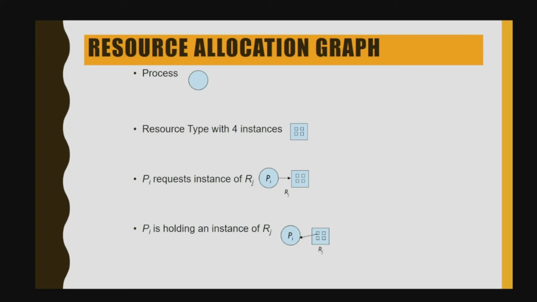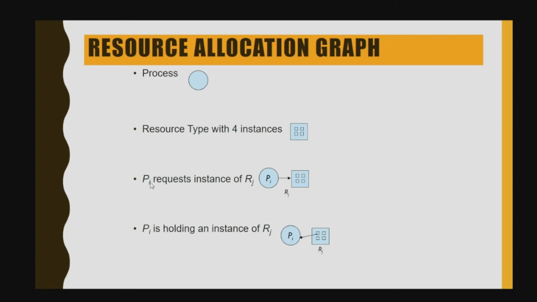In order to illustrate the graph, you should know the symbols. For a process, we have the circle symbol, and you can put P inside the circle. Resources are represented by a square, and the dots inside the square refer to the instances of the resource. This is a request edge, meaning process Pi requests an instance of resource Rj.